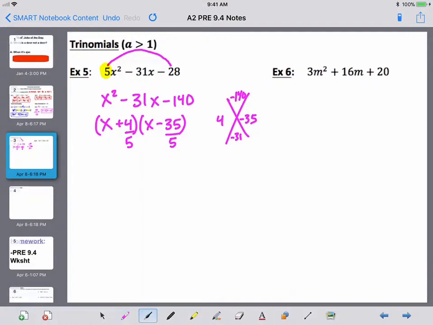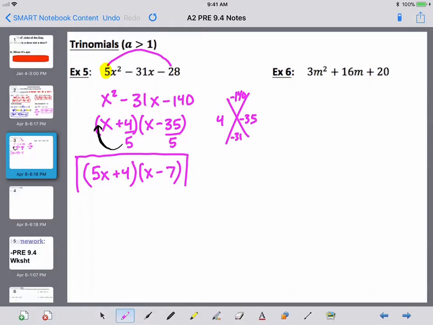I can't divide 4 by 5, so that's going to pull up in front of this x. So our first factor is 5x plus 4. In the second piece, we have x, and then 35 divided by 5 we can do, that's 7. So this is our final factored form.